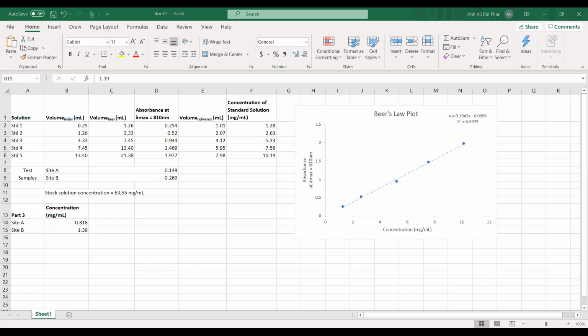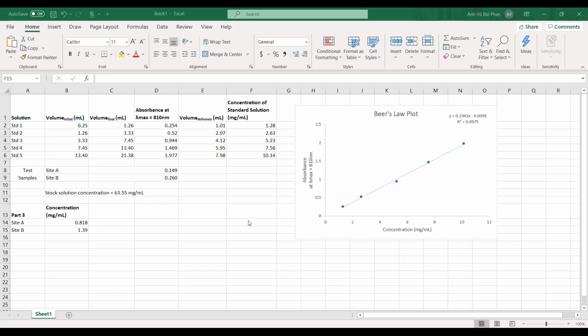Okay, so now that we explained what numbers we got for site A and site B, the concentration, we determined that the best site that we picked would be site B, because the concentration was bigger in site B, which means that it has a higher concentration of copper.